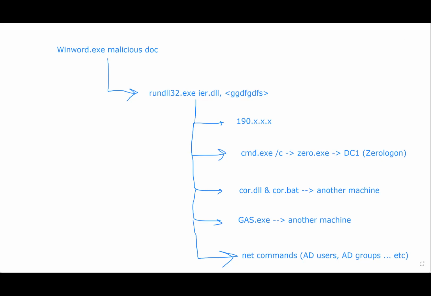I have one quick question. So the scenario was that the attacker used a malicious document to perform an attack. Why is it that Winword?